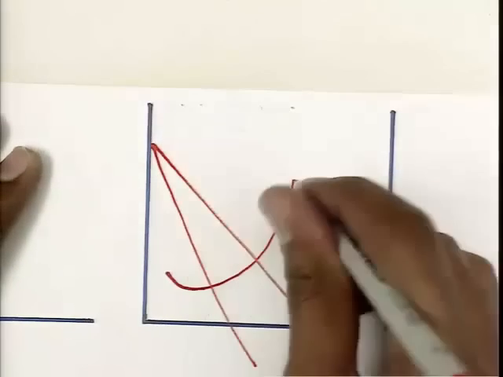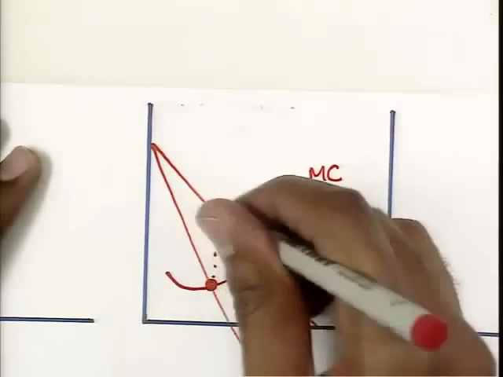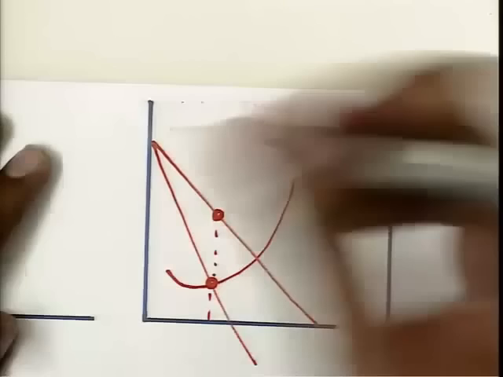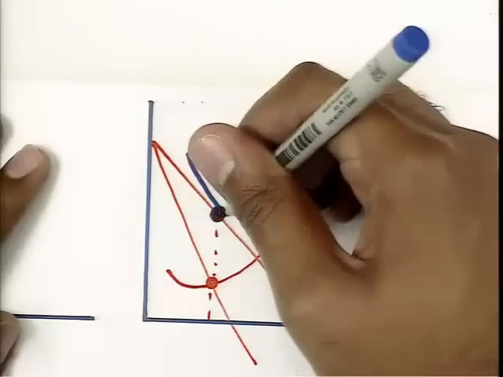So in monopolistic competition in the long run, you find that the average total cost curve hits a tangent at the demand curve.